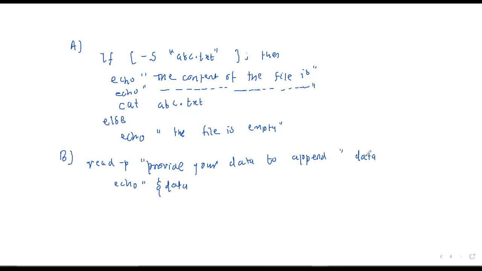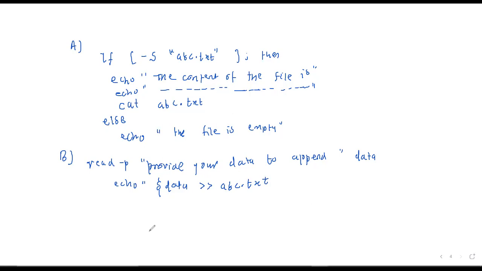You have so many files in your computer. You can take any file which you have to append in abc.txt. You already have some content in this file. Data may be any file in your PC. So $data, and then in order to append text, we use redirection twice, and then we write abc.txt.